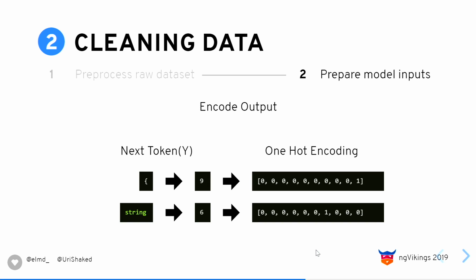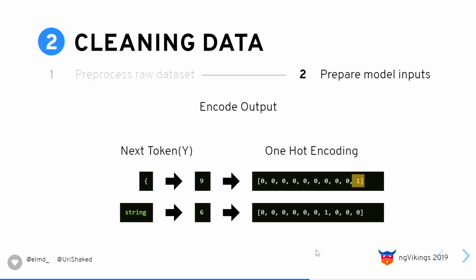Then for 9, the opening curly brace, we set the last value in this array to 1 and the rest is 0, and that's called one-hot encoding. So if I get it correctly, we don't want the model to look at the value of the number, so we change every number into an array of zeros and ones, and based on the position of the one in the array, we represent different tokens. Yes.